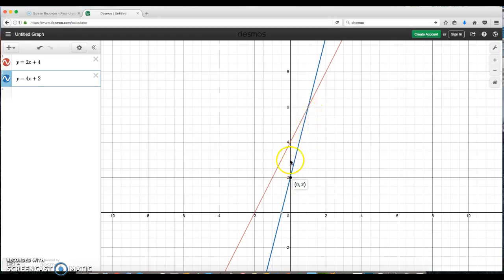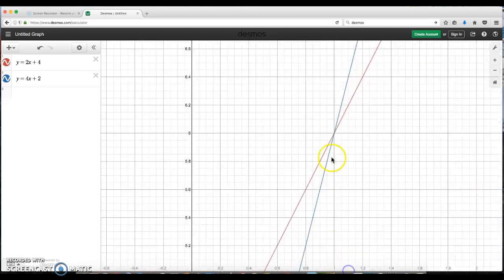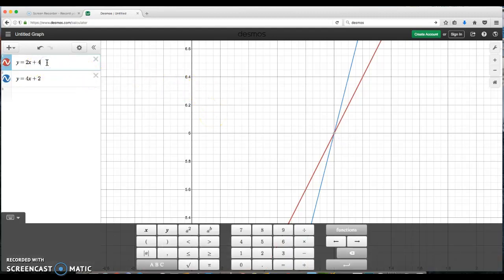So the slope is 4 and the y-intercept is 2. Now we can see the intersection between these two equations is at 1, 6. So these two equations intersect at 1, 6. This is a great way to show your students this, or just have them work it out on their own if they're having a little trouble.